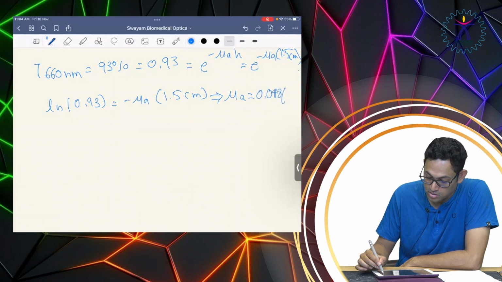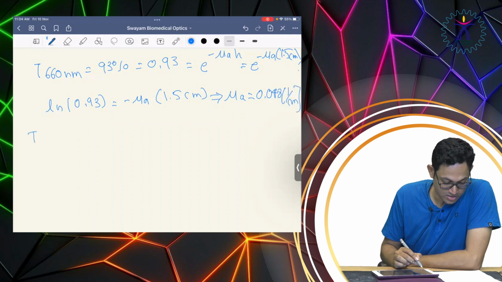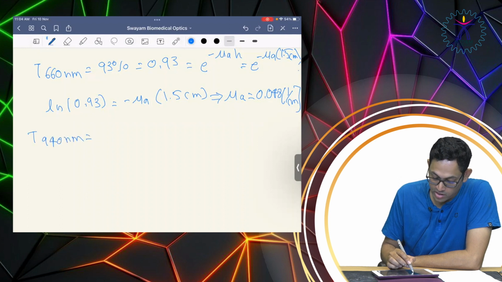0.048 centimeter inverse. Similarly, I know the transmittance at 940 nanometers is around 86%.